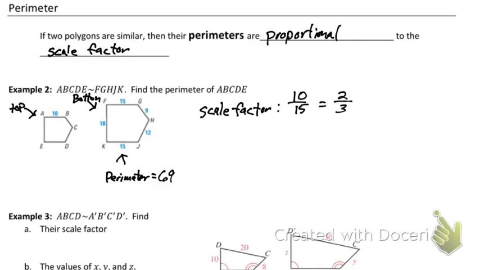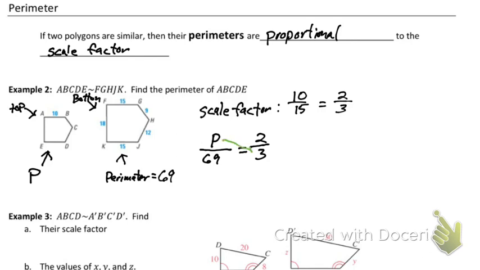And remember, that is the bottom of my fraction. So the perimeter of the small one, I'm going to call it P. The perimeter of the small one over 69, because I said the small one is going to be our top, has to equal 2 over 3. So Hamza, if you're doing the reverse order, you should have 69 over P equals 3 over 2.